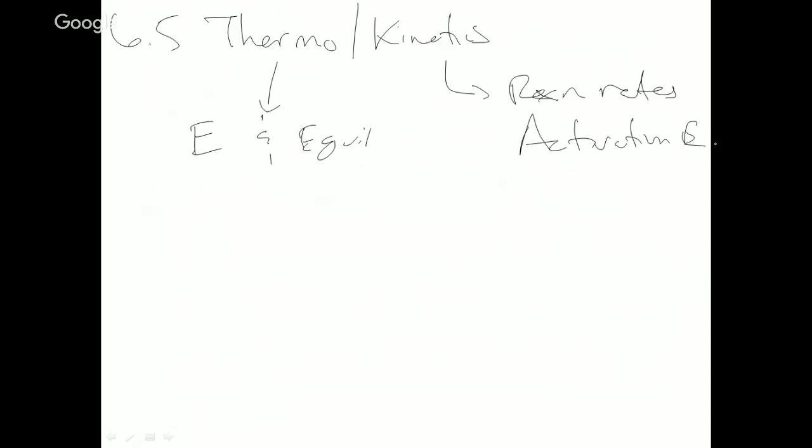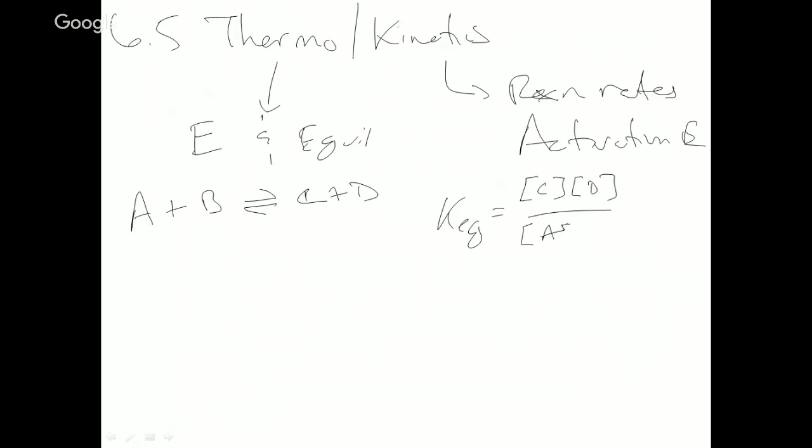So we've got a reaction, A plus B goes to C. Again, let's put this in equilibrium. In principle, everything's in equilibrium. We've shown this with acid-base chemistry. What is the KEQ? This is review from Gen Chem, concentration of products over concentration of reactants. If KEQ is greater than 1, products are favored.